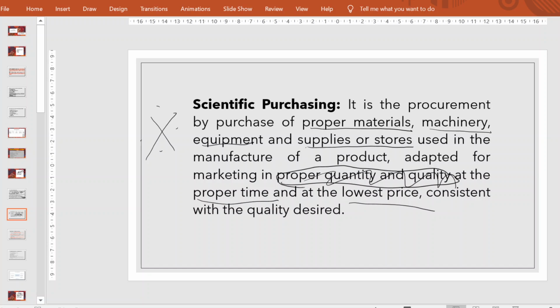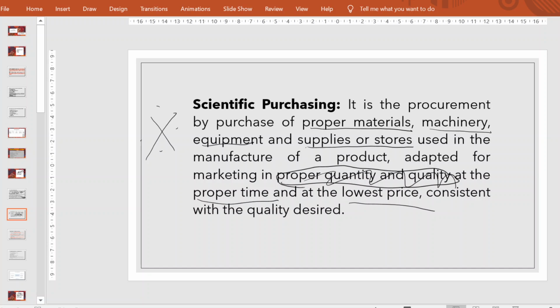If you are getting your raw materials in right quality, the chances of you making the right quality final product will be more. If your raw materials are not of good quality, naturally your final product will have its impact on it. Second one is optimum use of storage space.